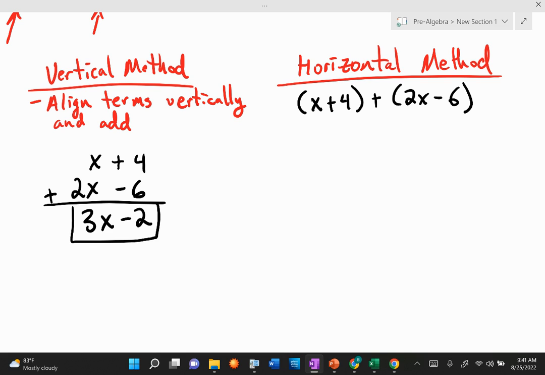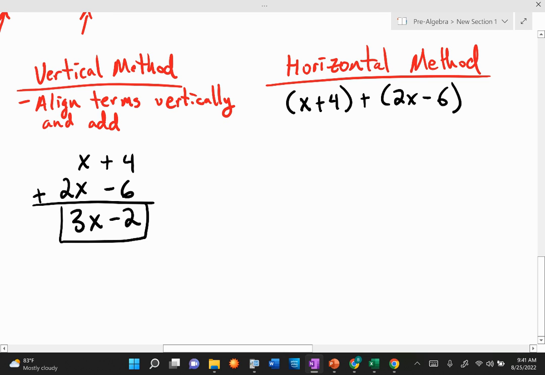What we're going to do first is rewrite the sum without parentheses. Now on this problem, there's not anything that you necessarily need to do before you do that. We will have something that we have to do later, but we'll get there. So we're just going to rewrite this with no parentheses.